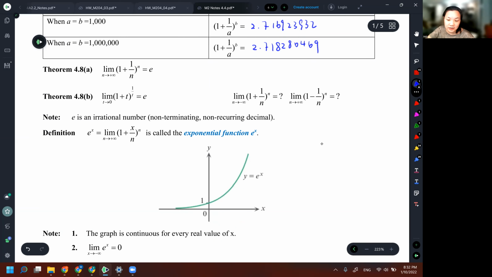Note, E is an irrational number. It's a non-terminating, non-recurring decimal. How do you get E from the calculator? It's shift something. Where is it?